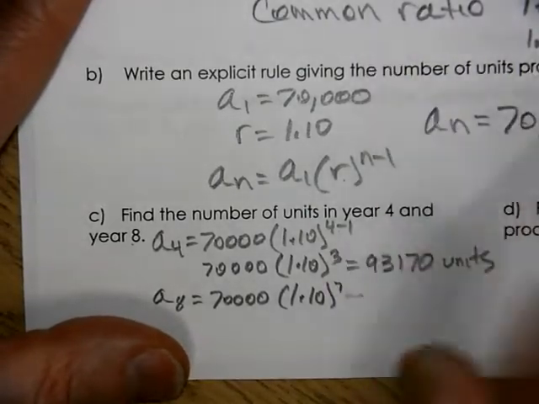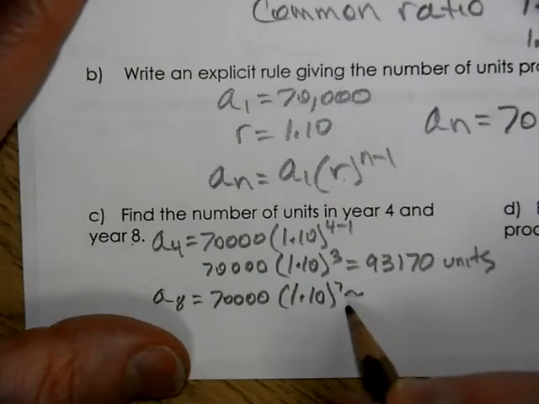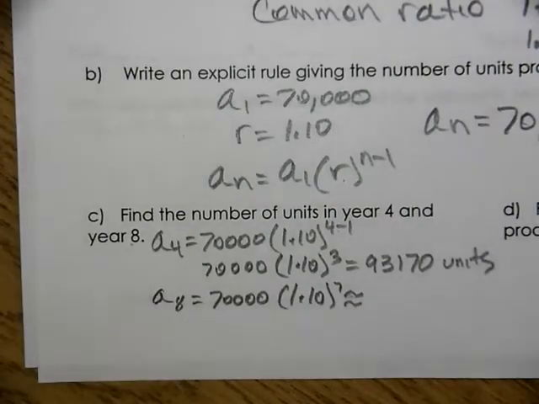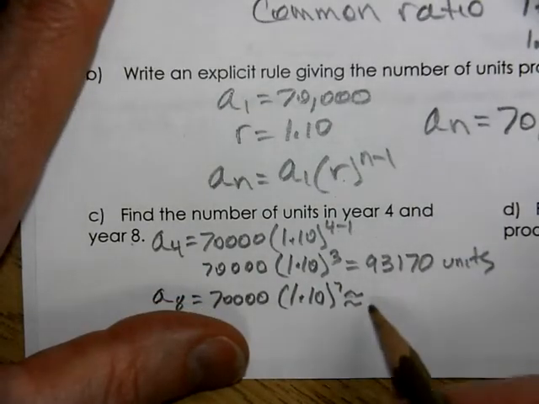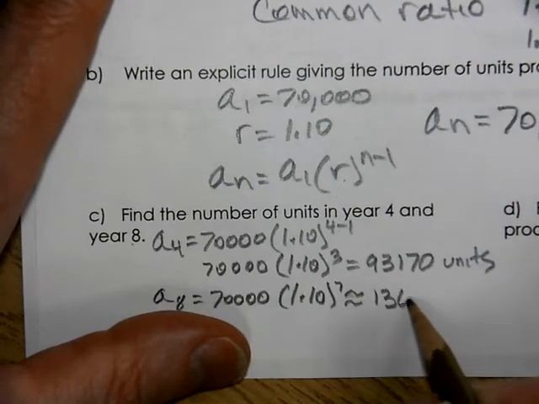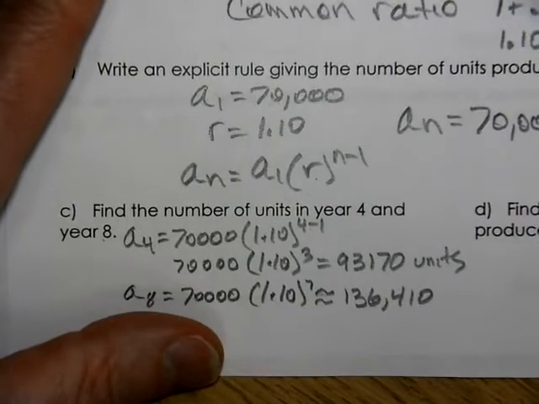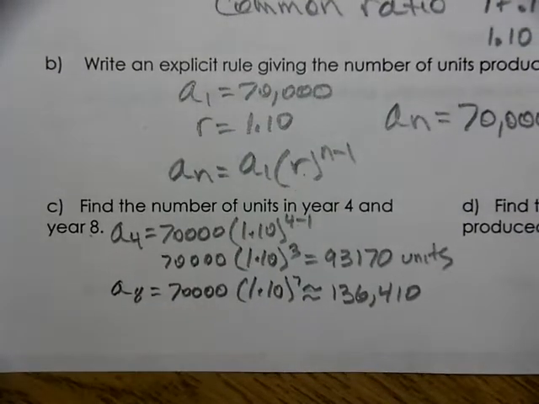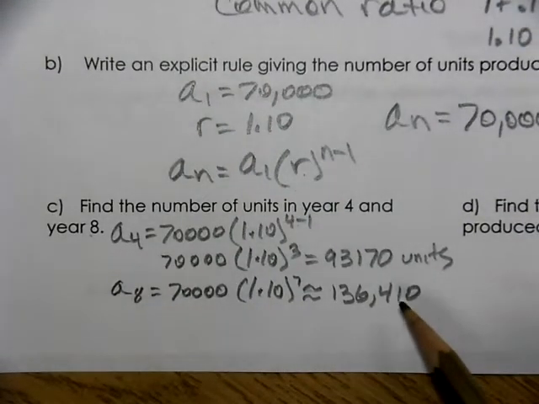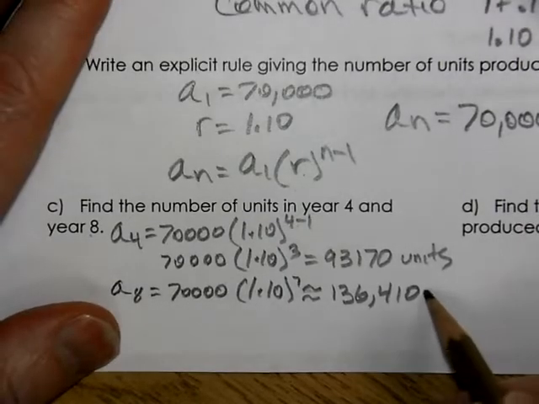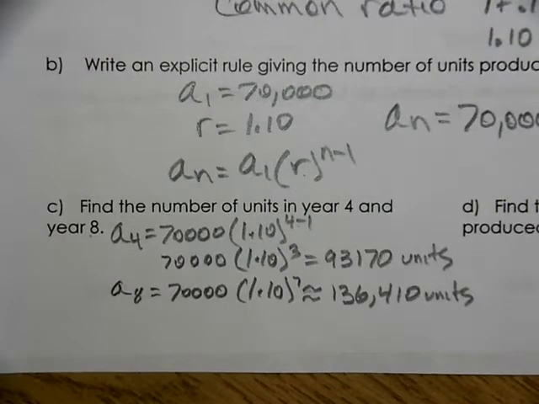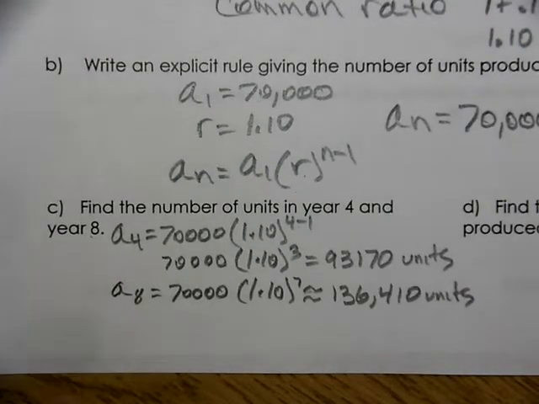We could say approximately, because we can't have a decimal for the number of products. So we're going to have approximately 136,410.197. You can't have decimals for your units, so we might as well stop here.